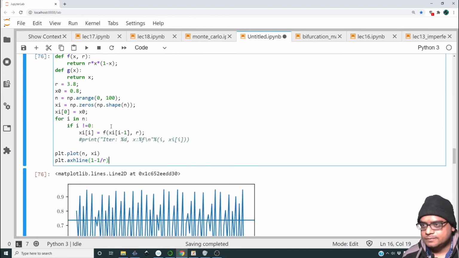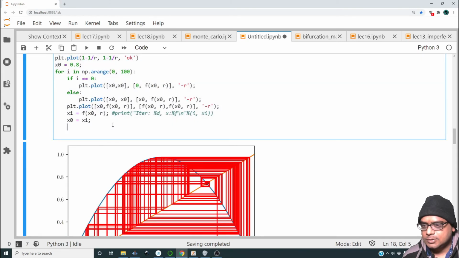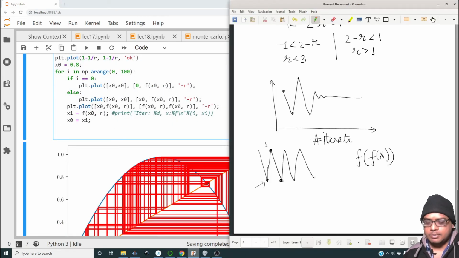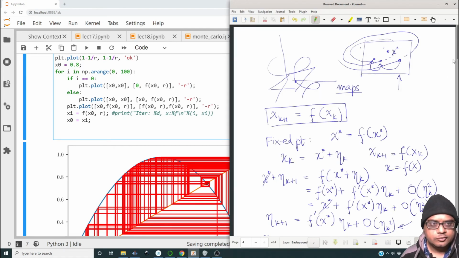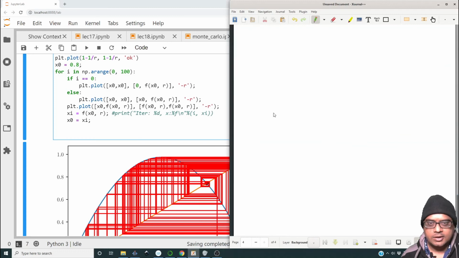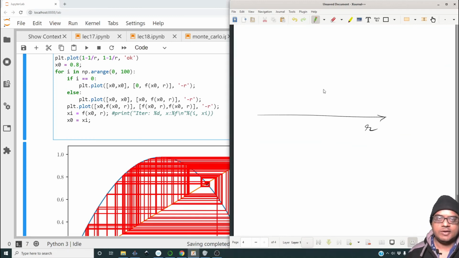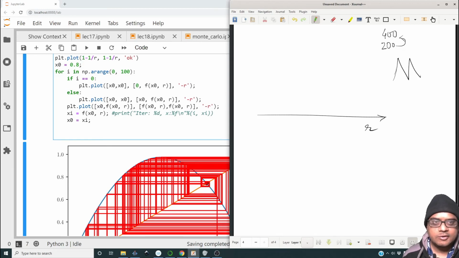Let me first tell you how that map will be generated. For each value of r, suppose on the x-axis we have the values of r, and we'll do say 400 iterations, and we will plot the 200th to 400th iteration values.